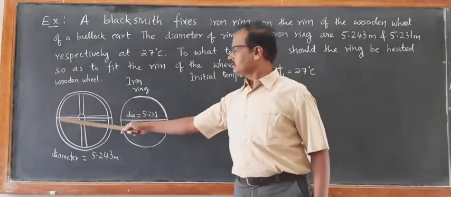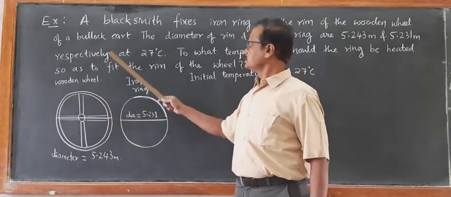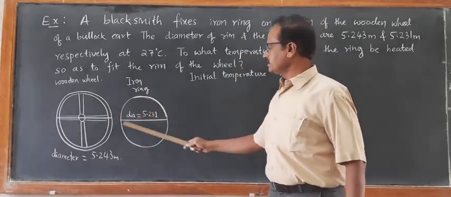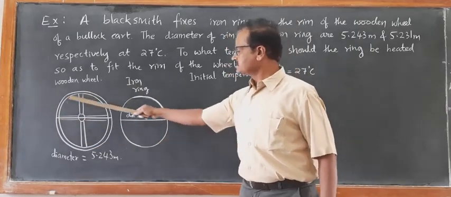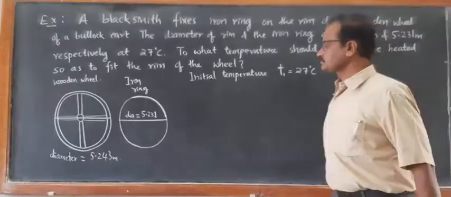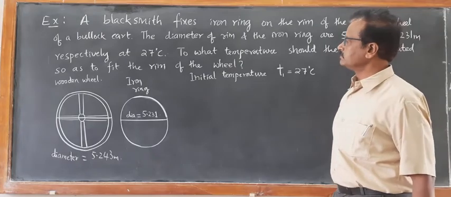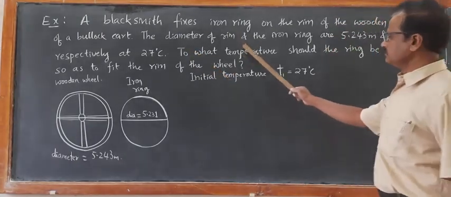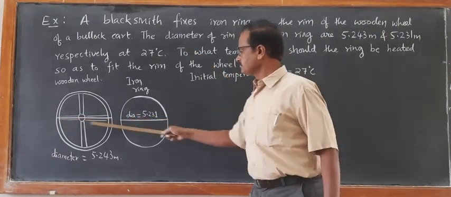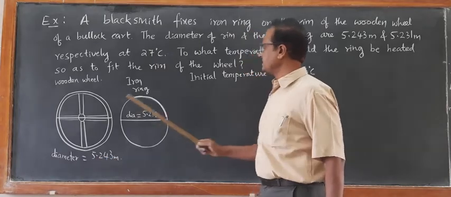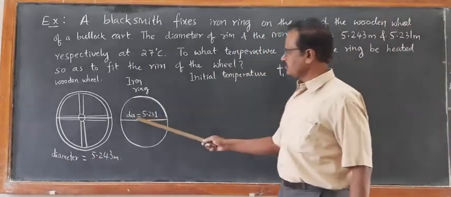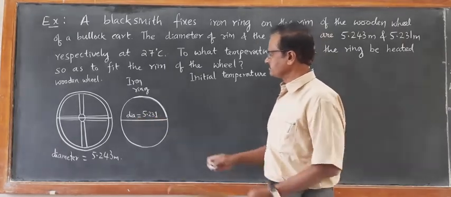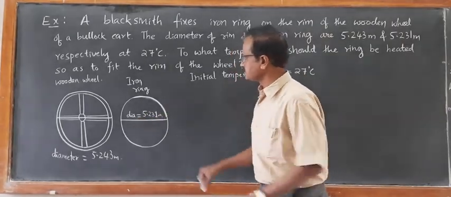I have drawn the wooden wheel of a bullock cart, and this is the iron ring to be fixed at the rim of this wooden wheel. The diameter of the wheel is 5.243 meter and the diameter of the iron ring is 5.231 meter. This is the iron ring.